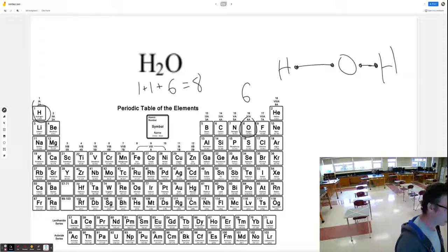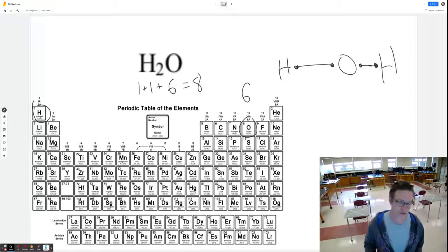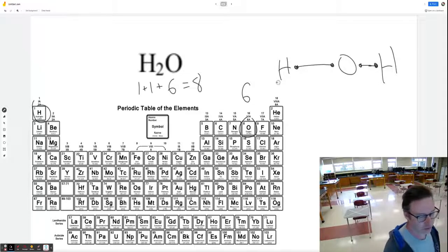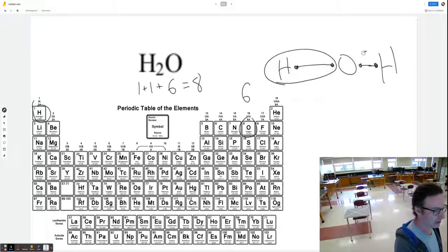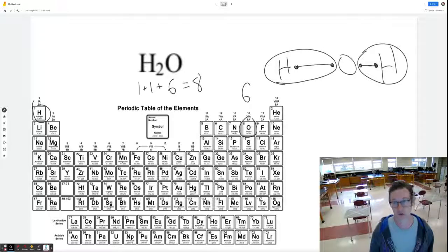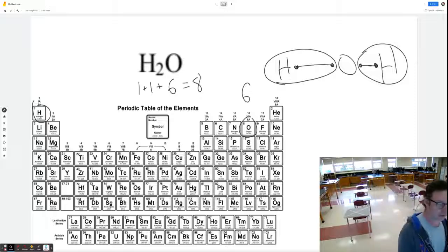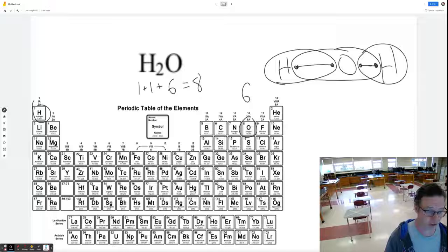You don't want to ever put dots on a hydrogen. Hydrogen has 2 electrons by the bond, and that's all it needs. That's all it can hold. Which means now we got to look at the oxygen. It has 4 right now.